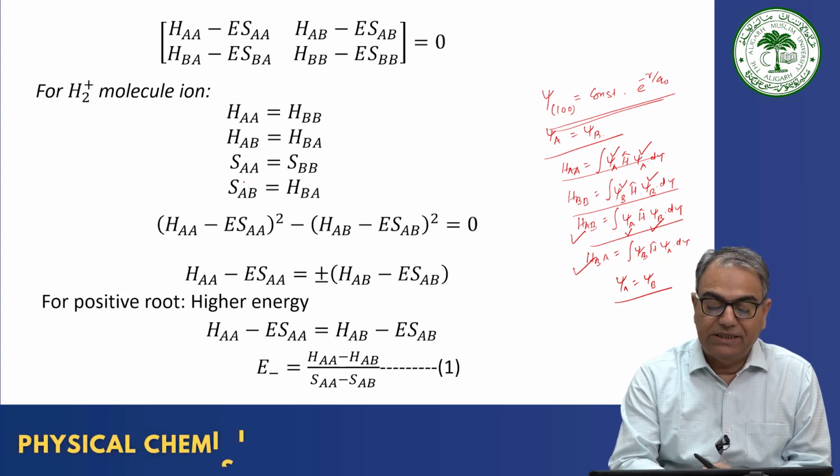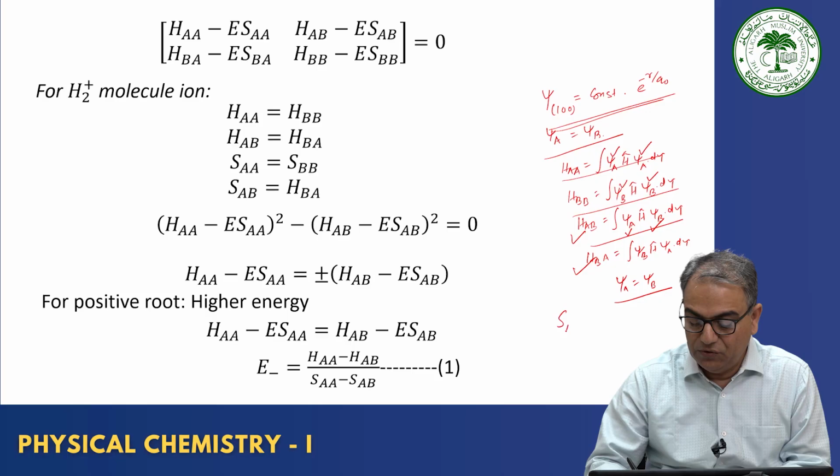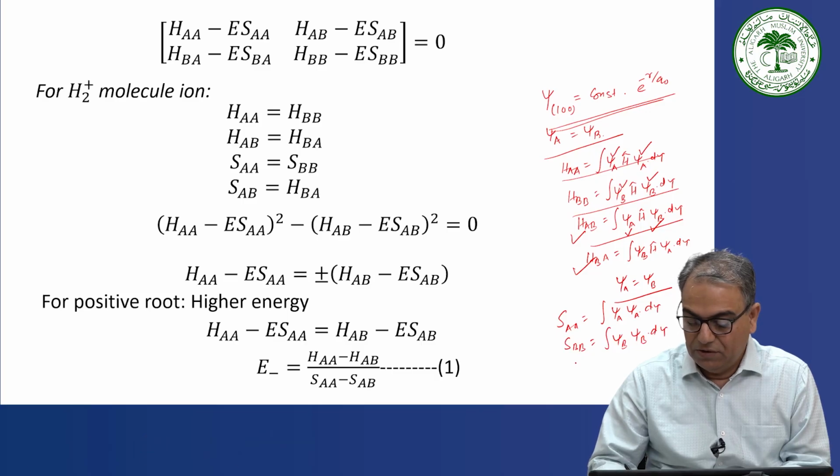In the same way, SAA and SBB will also be the same, because SAA you write as the integral of psi A psi A d tau, and SBB you write as psi B psi B d tau, and SAB we will write as psi A psi B d tau.